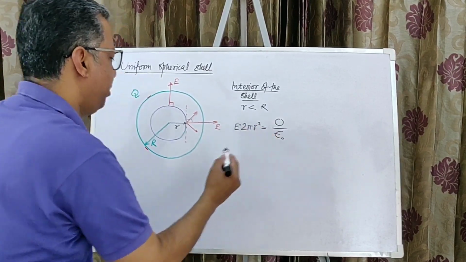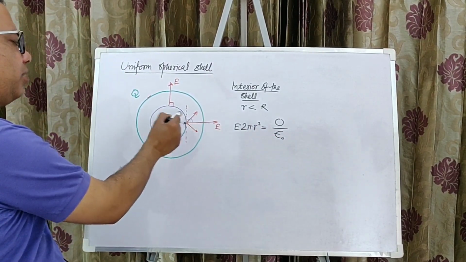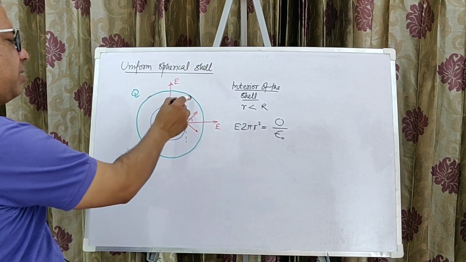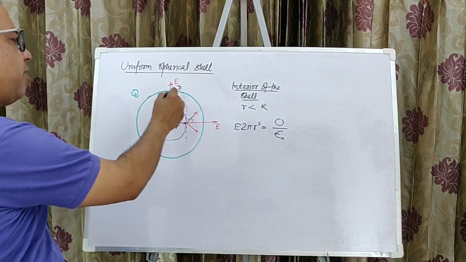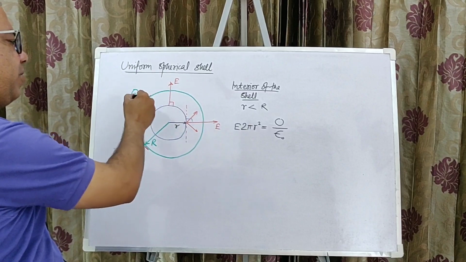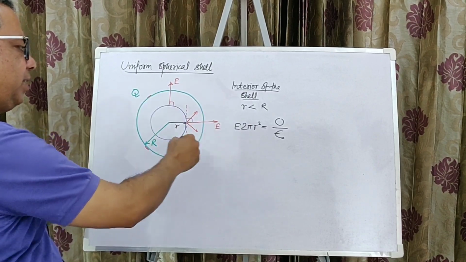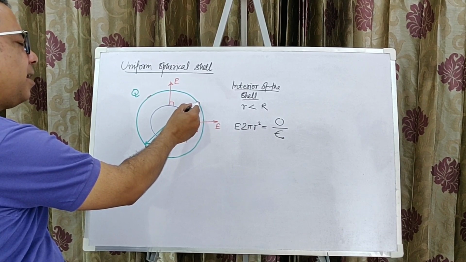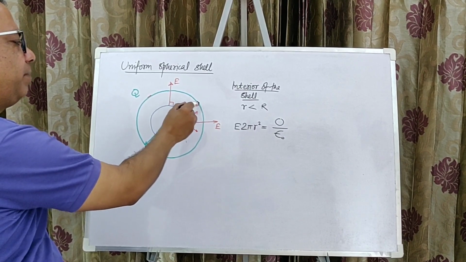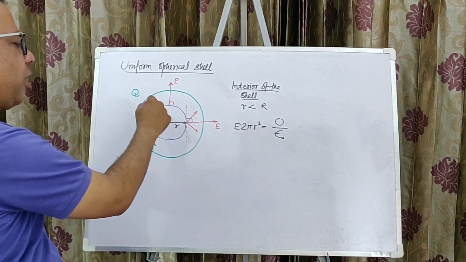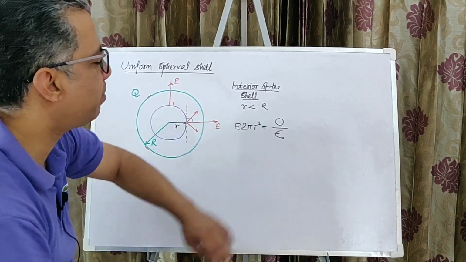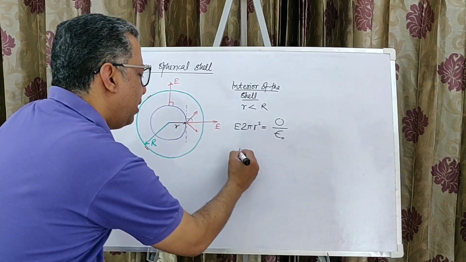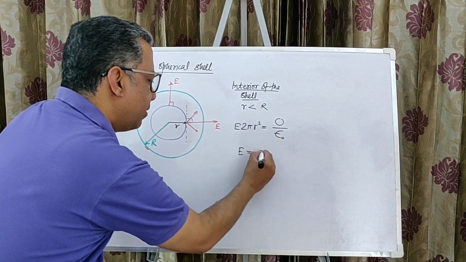Why is the enclosed charge 0? Because all the charge is outside this Gaussian surface. The entire charge of this shell is there on this surface here, the green surface. There is no charge at any point inside this green surface. So the charge inside our Gaussian surface happens to be 0, and so is the field.